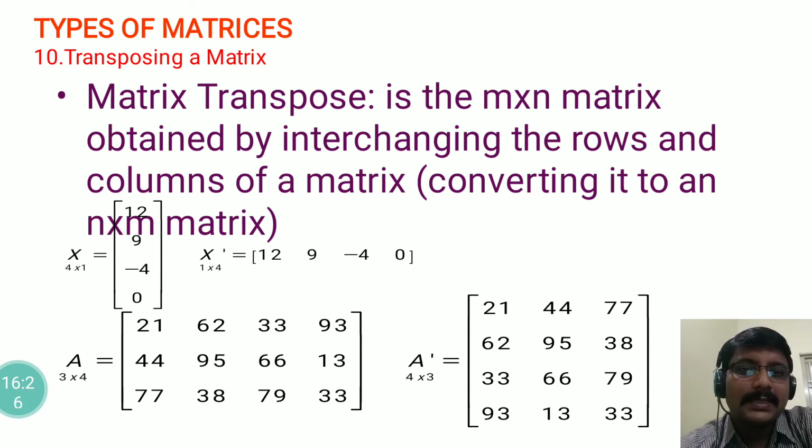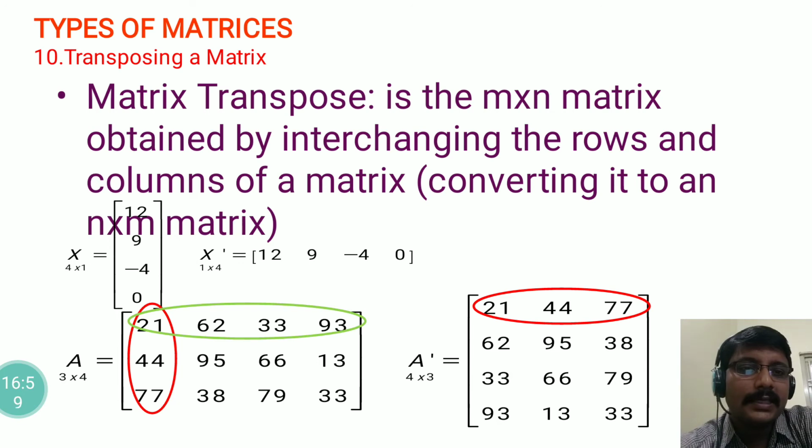For example, in the first example, x is of order 4 by 1, but x transpose gives the order 1 by 4. 12, 9, minus 4, 0 are the column elements of x, but in x dash the row elements are 12, 9, minus 4, 0. In the second example, A is a matrix having the column elements 21, 44, 77, but its transpose, A complement or A transpose or A dash, has the row elements 21, 44, 77.